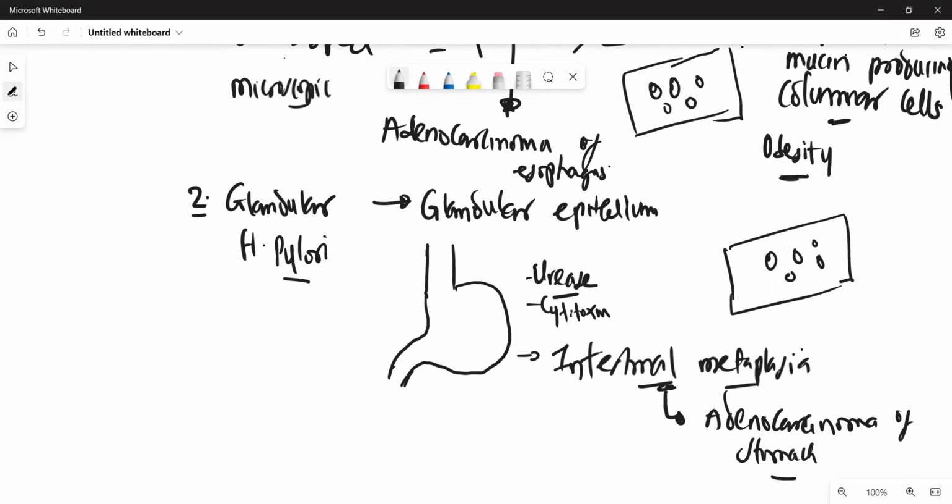Can somebody mention a couple of conditions that are associated with H. pylori? Very good, peptic ulcer disease, which can include gastric ulcer and a duodenal ulcer. What else?